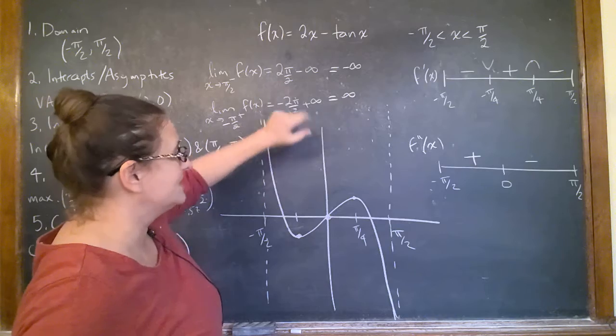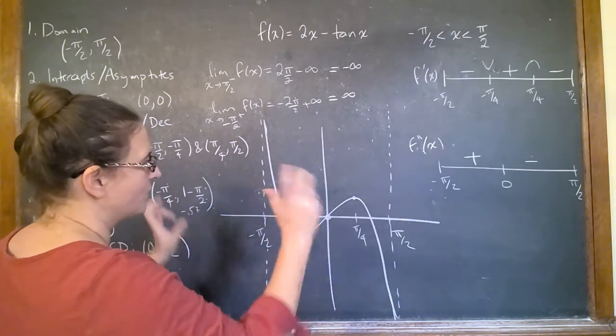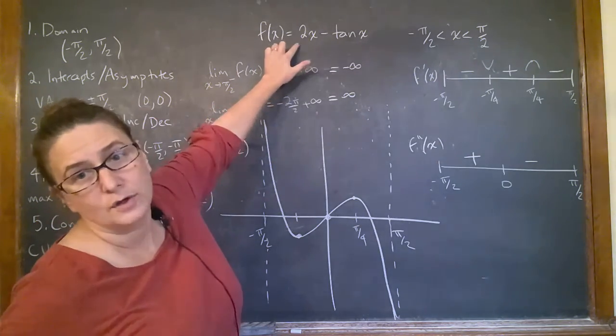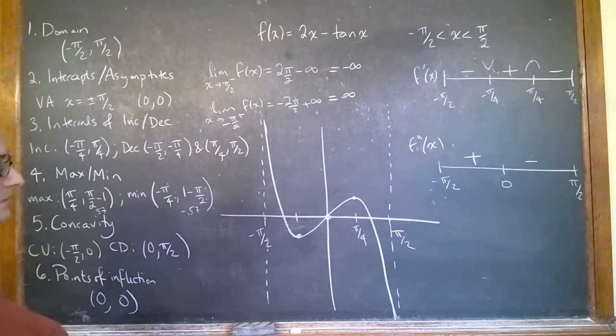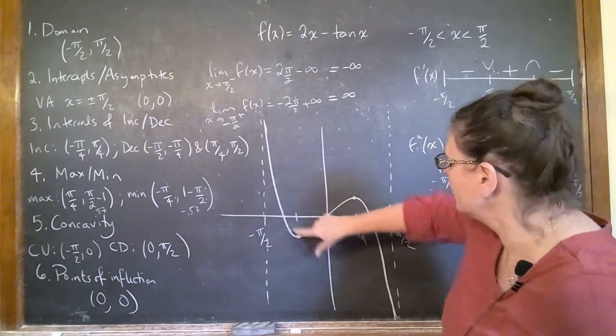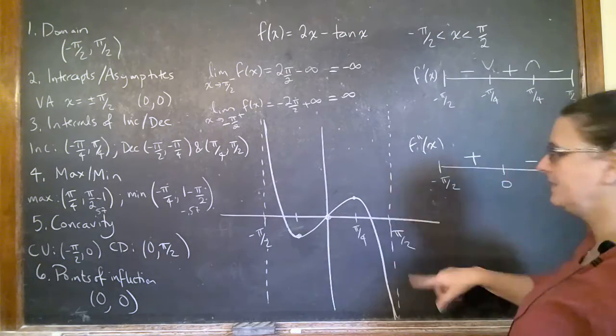It's still going to be the same points, right? It's still going to be pi over 4 from the center point, but this is going to change the x, y coordinate. Okay, so that's sensible. And it works with both of these, right? Decreasing, increasing, decreasing, concave up, and then concave down.